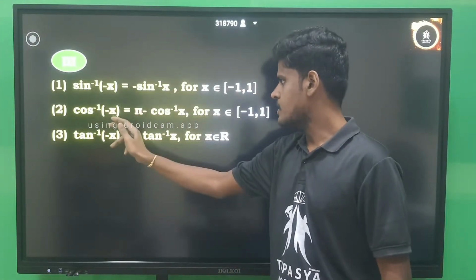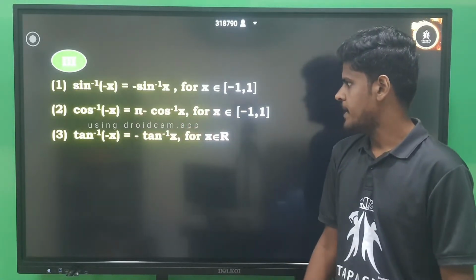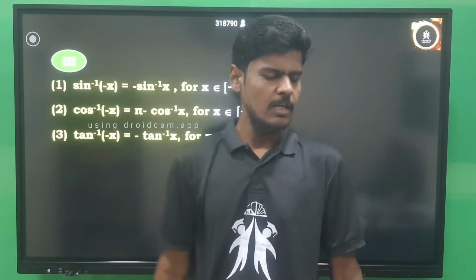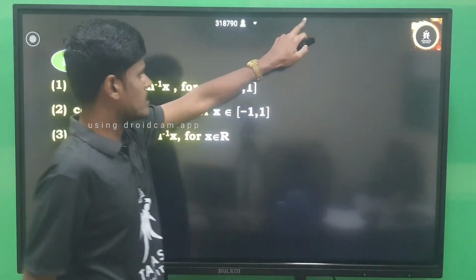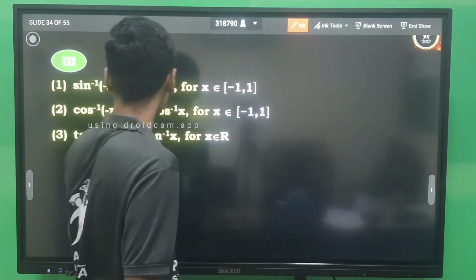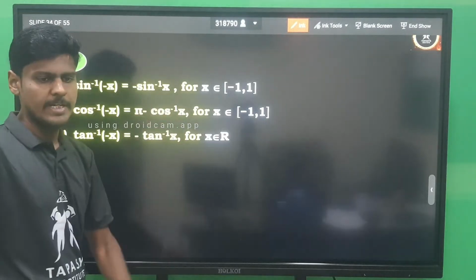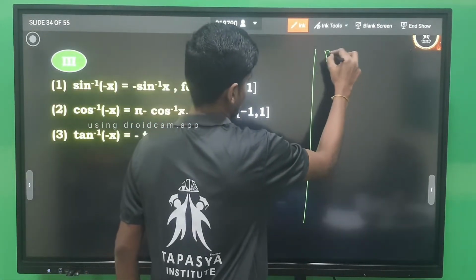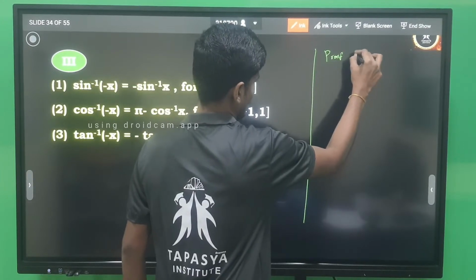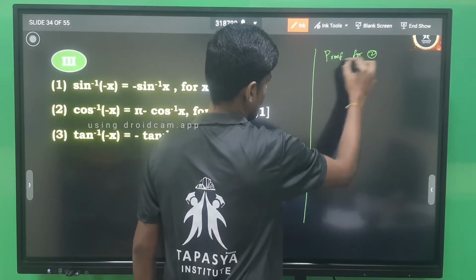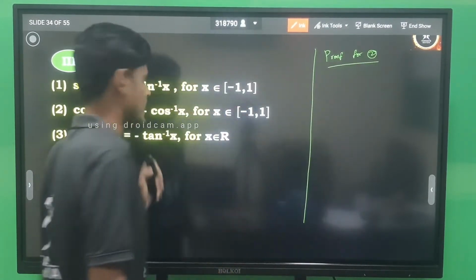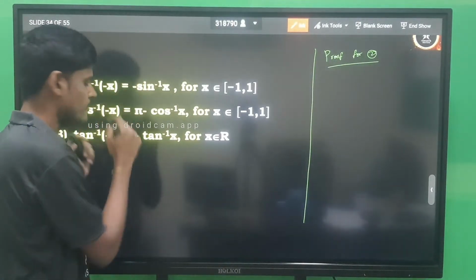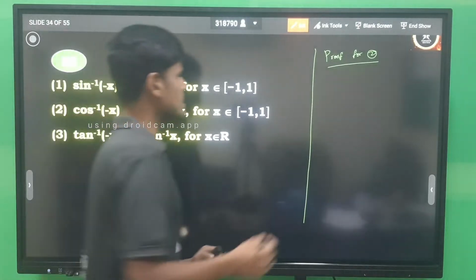Next one, cos inverse of minus x equal to pi minus cos inverse x. Now how to identify this? Prove this. I will explain in short. What we need to do first is, let's take the left hand side as some angle theta, because we know an inverse function always has the output as an angle.